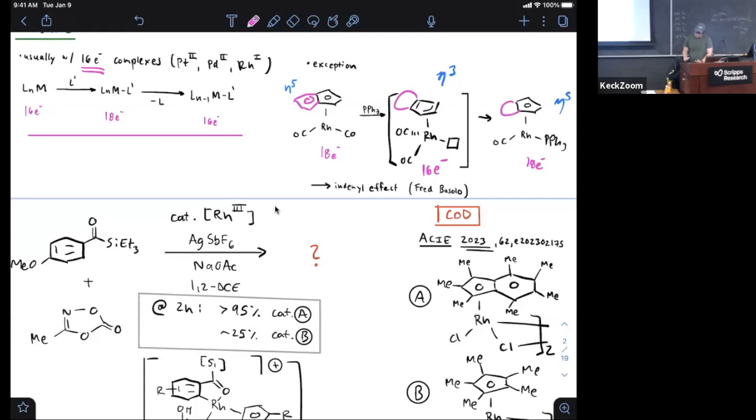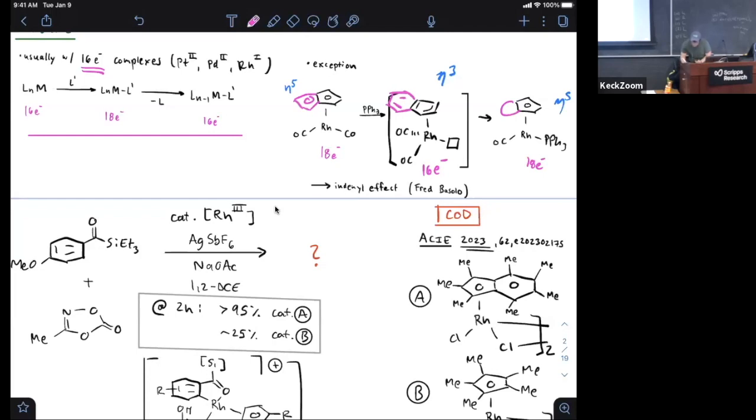And so in an indenyl system, when you toggle from eta5 to eta3, now you actually restore aromaticity within the non-coordinating arene.